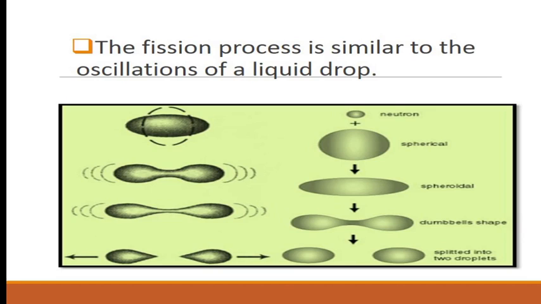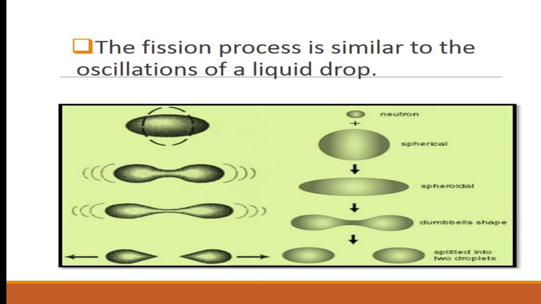See, on the left hand side you can see a liquid drop. And in order to attain stability, this liquid drop is separated into two. Here also in nuclear fission, when a neutron is hit on a nucleus which is spherical in shape, it has extra energy.